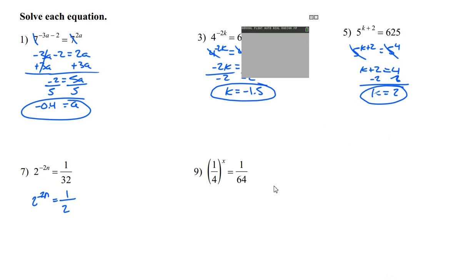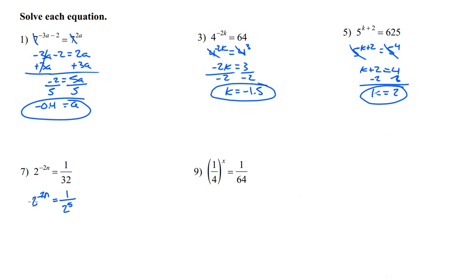So we simply go 2 times 2 is 4, times 2 is, oops, not times 4, sorry. 2 times 2 is 4, times 2 more is 8, times 2 more is 16, times 2 more is 32. So that's 1, 2, 3, 4, 5. That is 2 to the 5th.